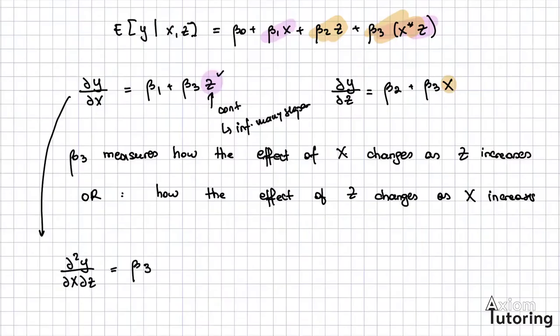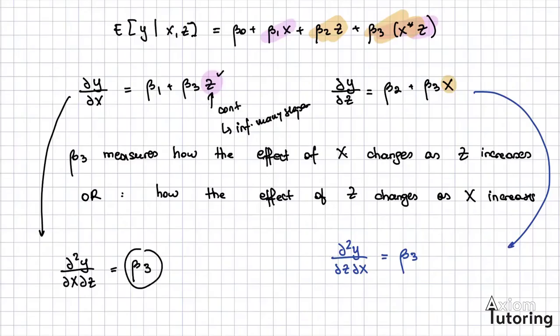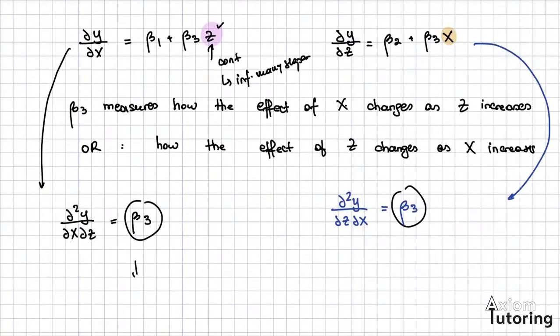And if you did exactly the same thing on the other side, for the second derivative of y first with z and then with respect to x, that is also going to give you exactly beta 3. Okay? So this second derivative gives you this idea even more clearly: beta 3 is the rate at which the slope changes.